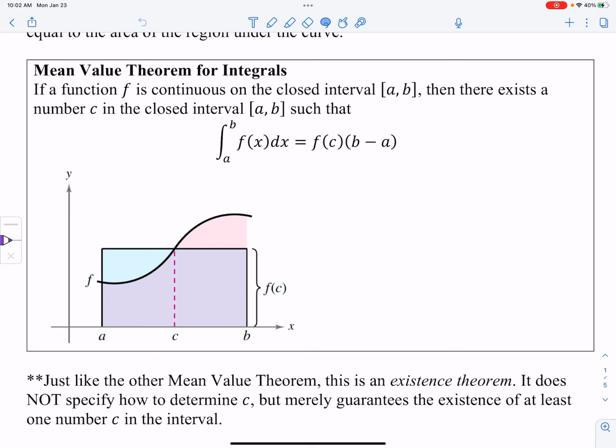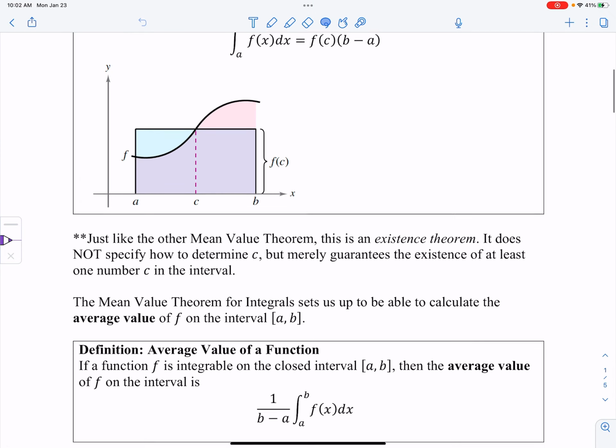It guarantees the existence of at least one value c on the interval, such that the area of the rectangle that could be created from f of c times b minus a is equal to the actual area bounded by the curve and the x-axis, which is represented as the definite integral.